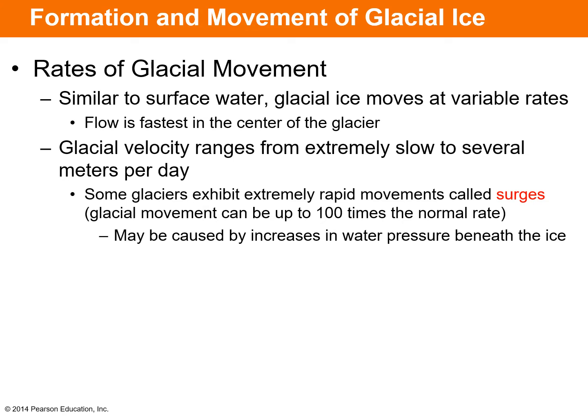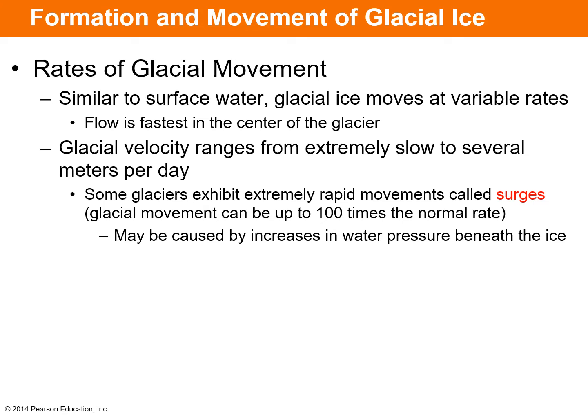And it's slower near the ground surface and near the top of the glacier. And glacial velocity ranges from extremely slow to several meters per day overall, as far as the total velocity of a glacier. So some glaciers exhibit extremely rapid movements called surges, and these movements can be up to 100 times the normal rate.